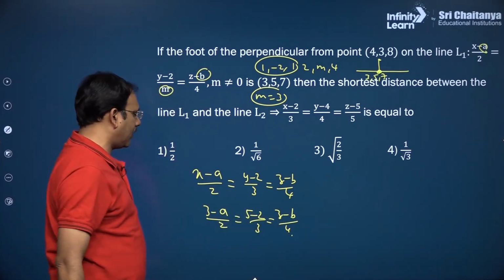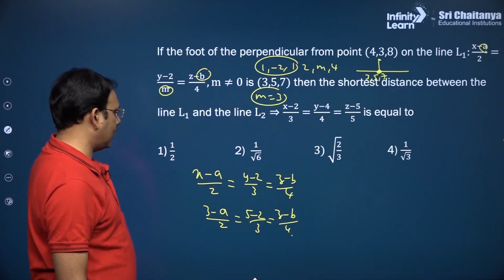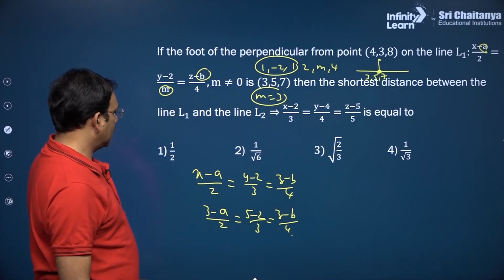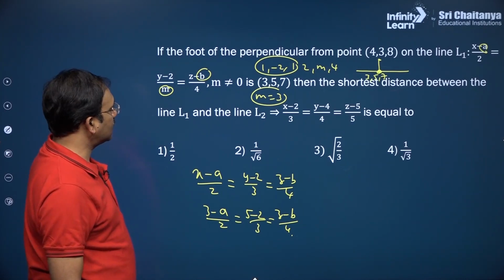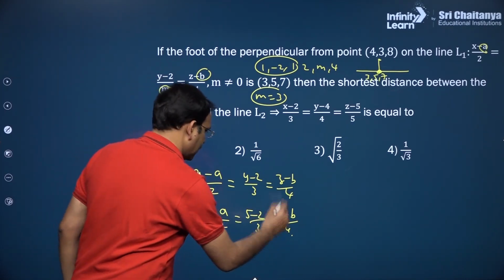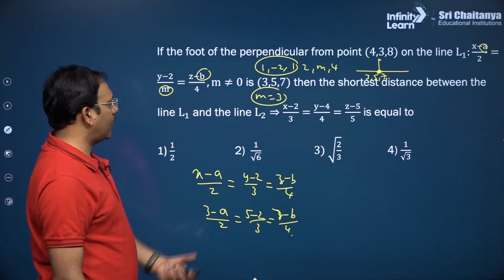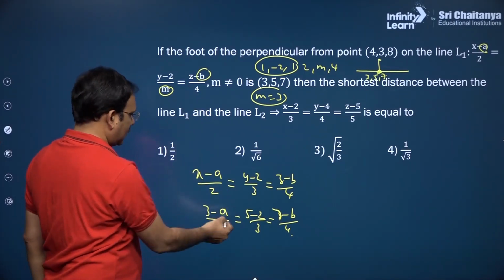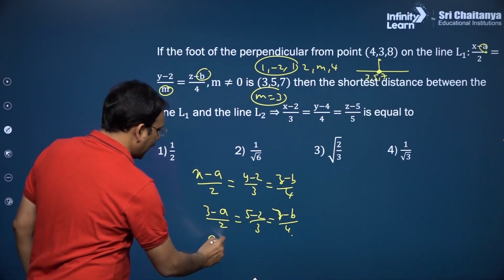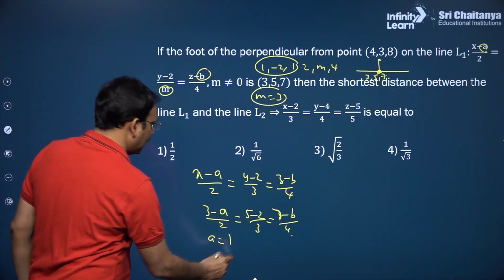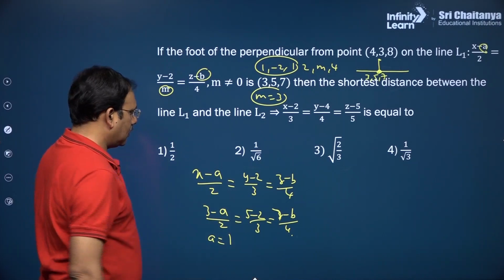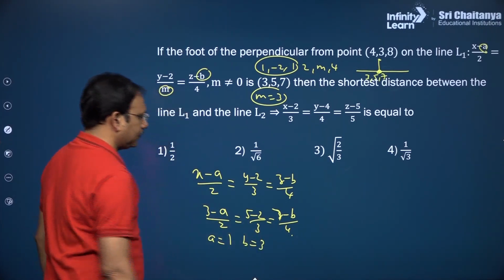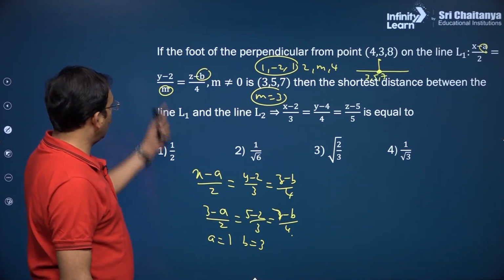From this it is 1, my dear friends. You can find the a value, a is minus 1, and the b value, with z as 7. Now you will get the required line. You see, the a value is 1 and the b value is 3.